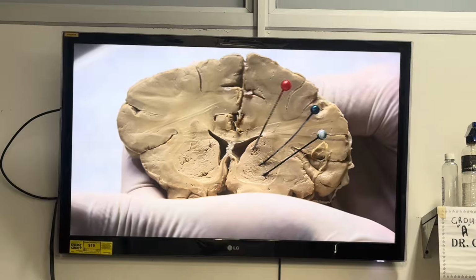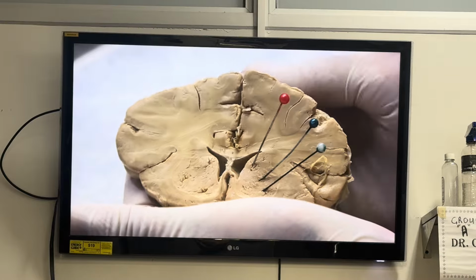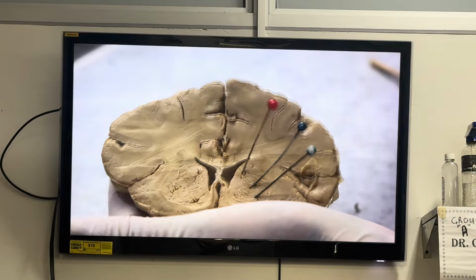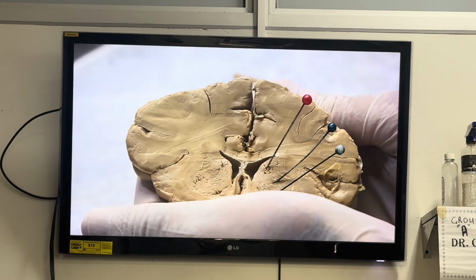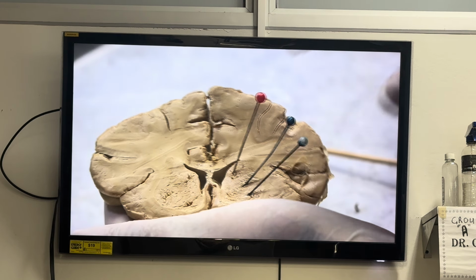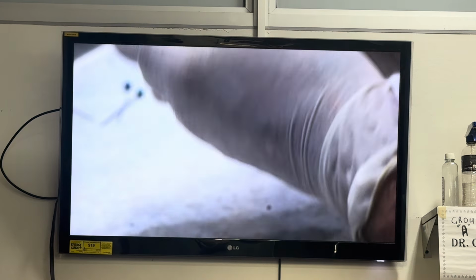So embryologically, your putamen and the caudate are forming your neostriatum. So you can see it here.